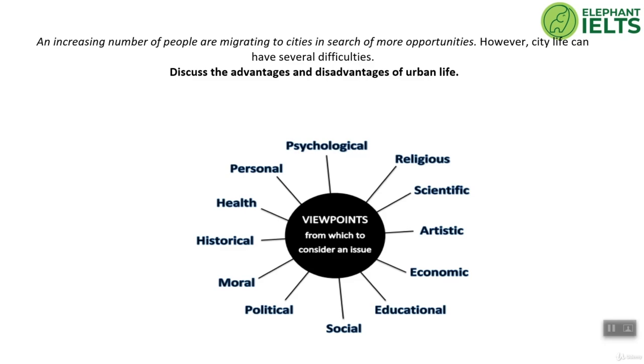You might choose other angles for your essay, for example, the educational benefits of living in a city. It depends what you think is more important or what you have more to say about. So we're going to take these two angles that we talked about, the economic and social, and see how we're going to use them in our essay.